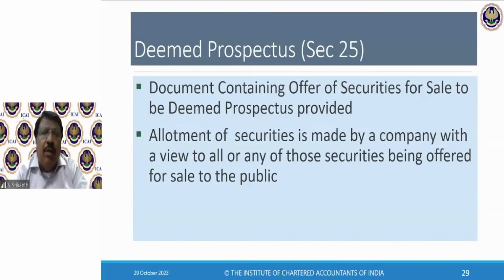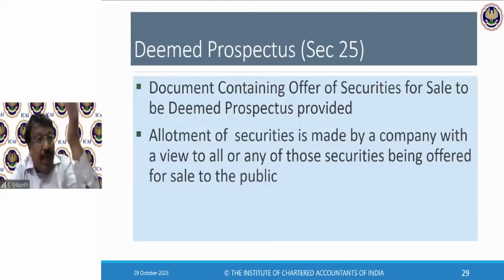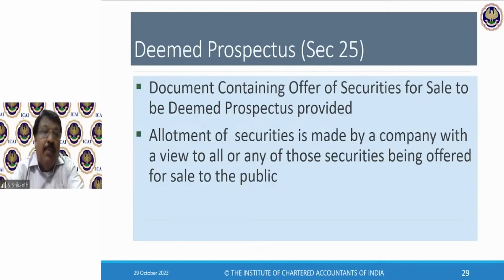Section 26 clearly told you about consent, about who is an expert, and that the format should be as prescribed by SEBI. Which means any document which is trying to offer securities for sale to the public should be in the format given by the SEBI.